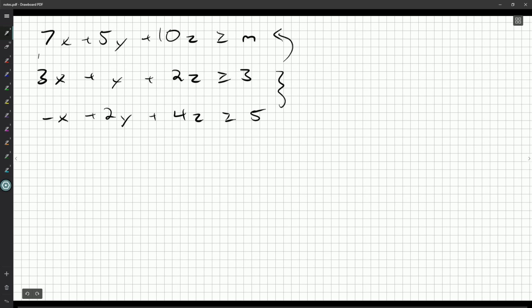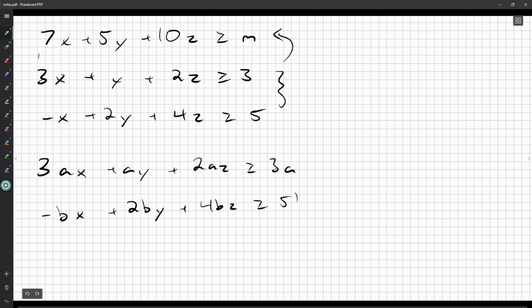If I multiply the first inequality by a, I get 3ax plus ay plus 2az is greater than or equal to 3a. The second one, multiplied by b, gives minus bx plus 2by plus 4bz greater than or equal to 5b.